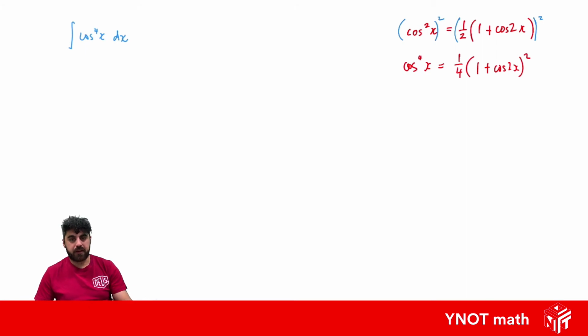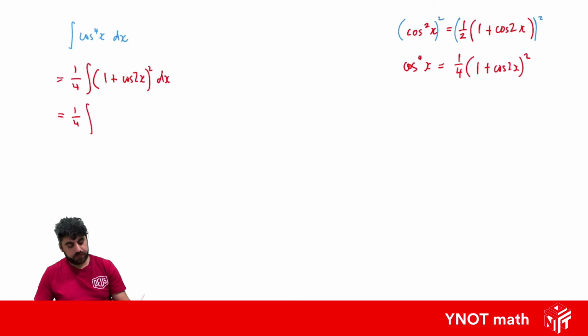So we can go ahead and sub that into our integral. The quarter will go on the outside of the integral. So we're going to have a quarter times the integral of 1 plus cos 2x all squared dx. From here, we want to expand it out, because it's not too difficult to expand a squared.